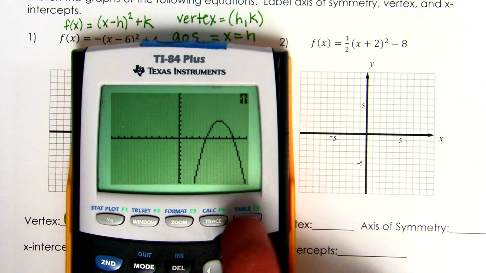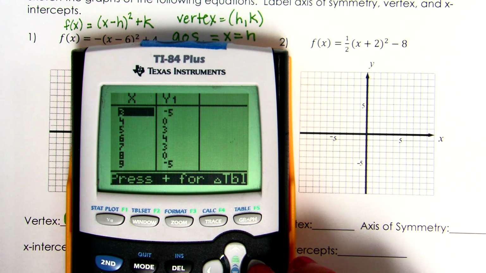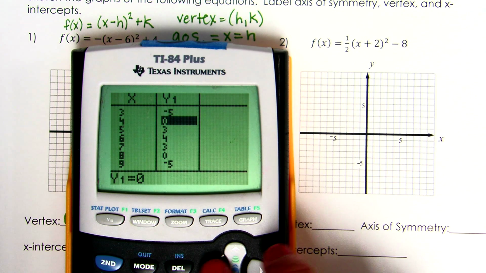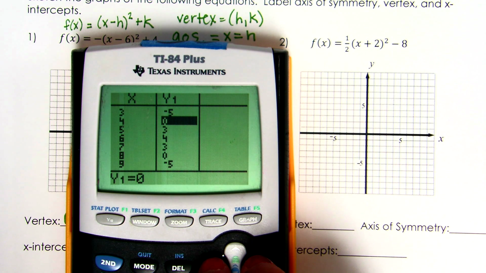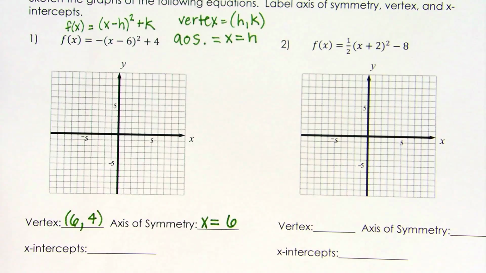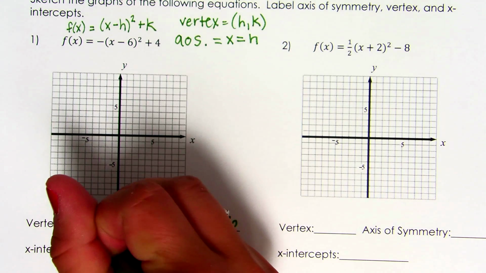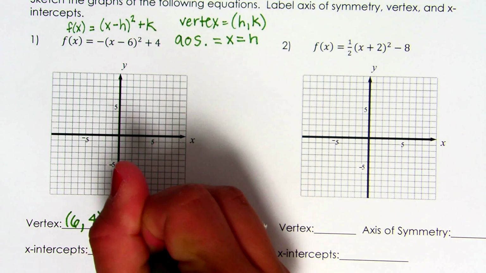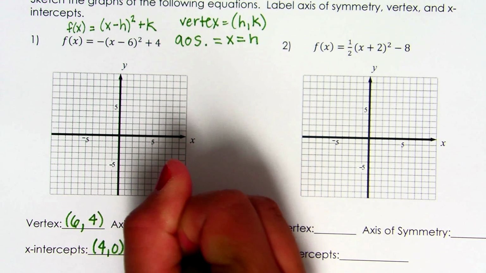So I'm going to hit second graph and go to the table. I'm looking for x-intercepts, which are where y equals 0. So here I have y is 0 when x is 4, and y is 0 when x is 8. So my two x-intercepts are going to be (4, 0) and (8, 0).